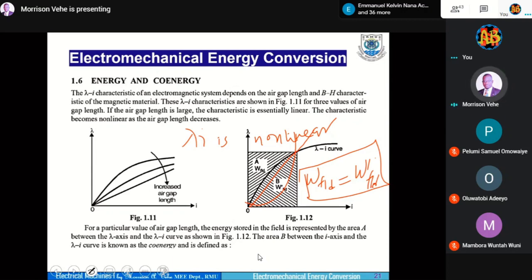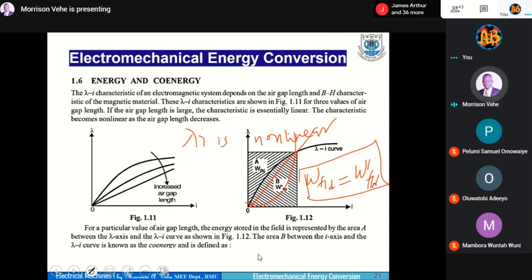If the air gap is a decreased one, then to a certain level, the tendency is that it will get to the non-linear in the negative. All right.